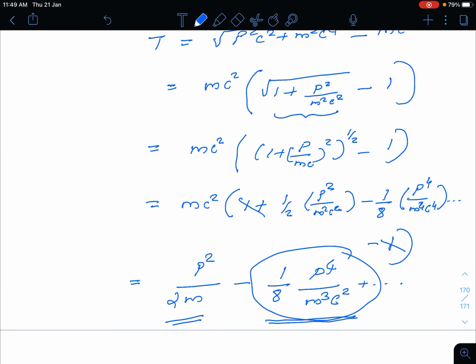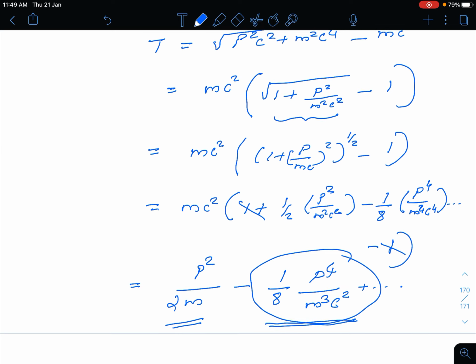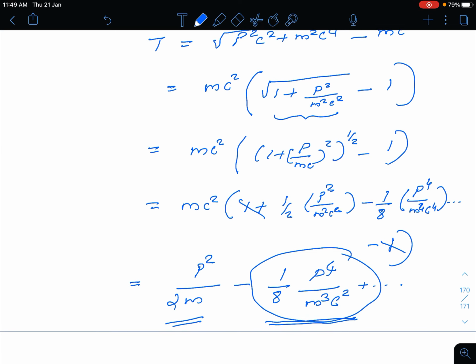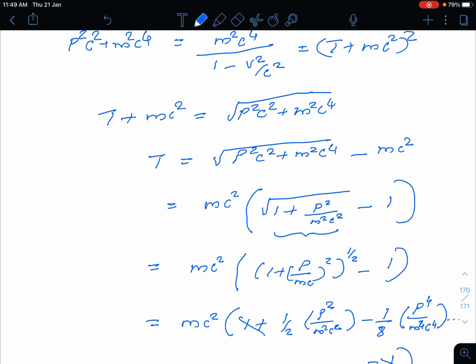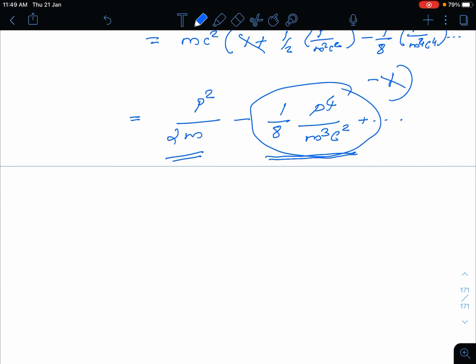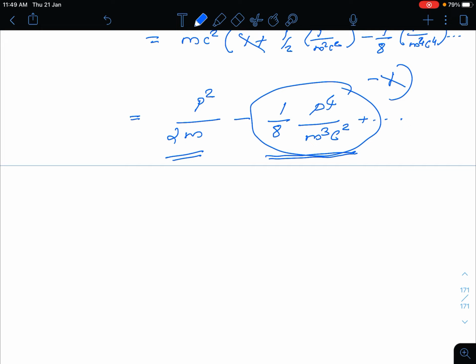Here we are not completely considering this to be a relativistic motion, but we consider p much less than mc, so in that case there will be a correction term 1 by 8 p raised to 4 by m cube c square and so on, but since p is much less than mc, the other terms will be very small, so we can neglect them.